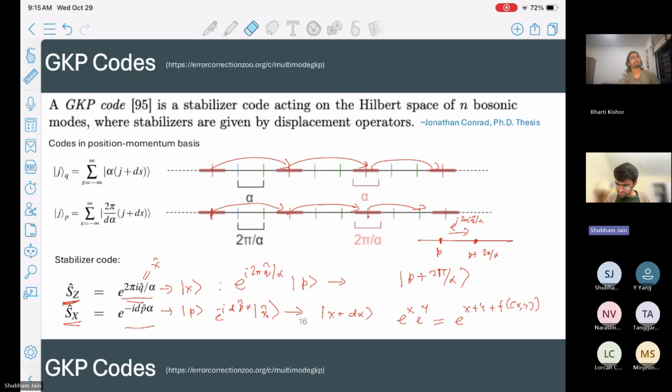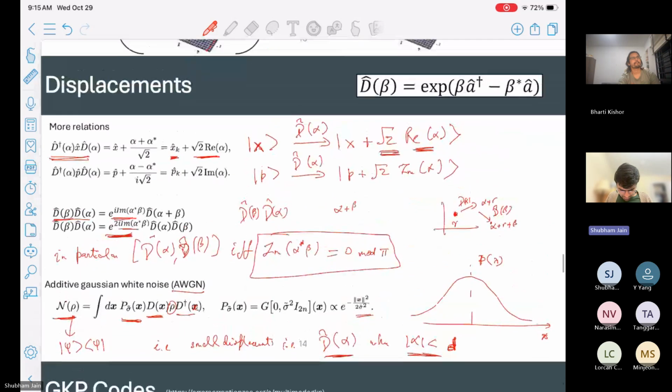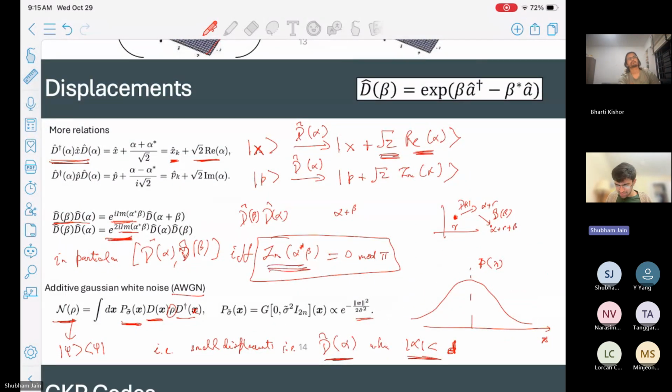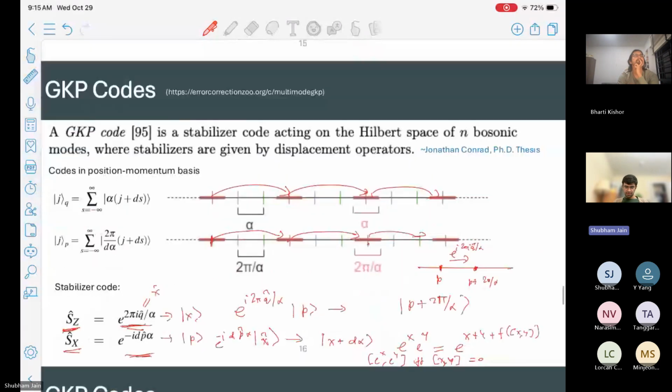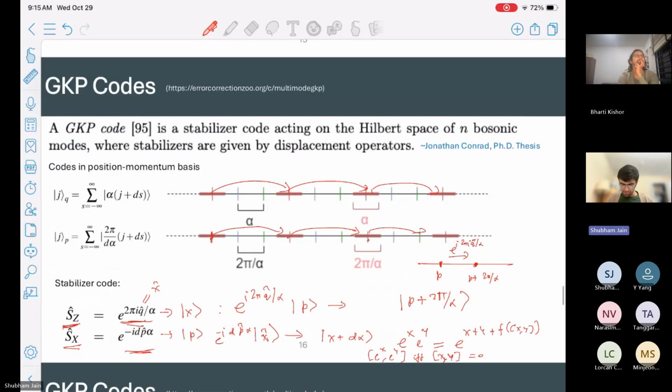Oh, this was just to say that e to the x and e to the y commute if and only if x and y commute. And these things commute because of the relation we saw previously, because of these displacement operation relations. If you check this for the operators, then this happens to be the case, and this SZ and XX are actually commuting stabilizers. So this stabilizes your GKP codes.